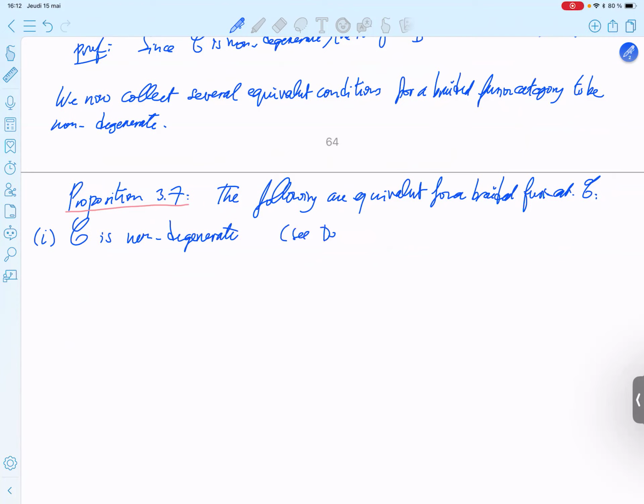Recall that it was defined in definition 2.28. The second, the centralizer of C is trivial. That we already proved.